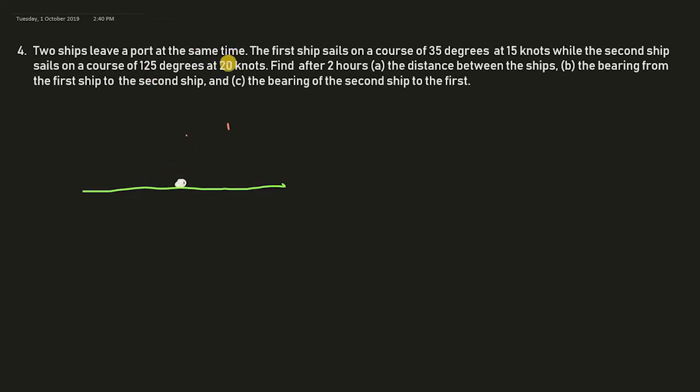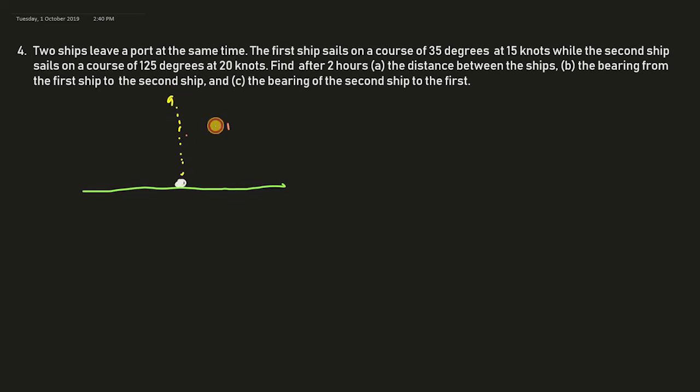Okay, two ships leave a port at the same time. So, they left at the same time. The first ship sails on a course of 35 degrees. Okay. Meaning, our first ship, let's use ship A as color yellow, traveled 35 degrees. So, let's assume we have this.